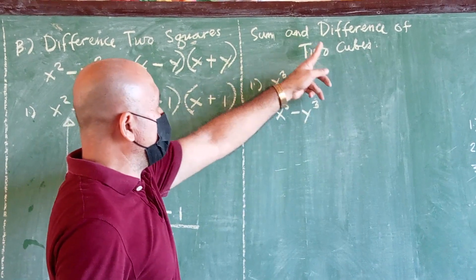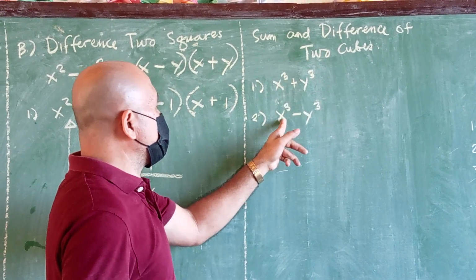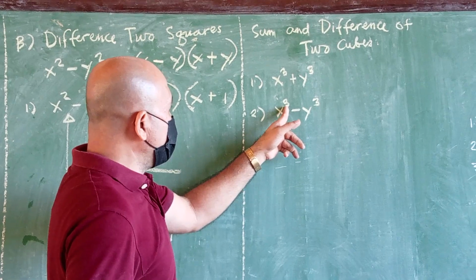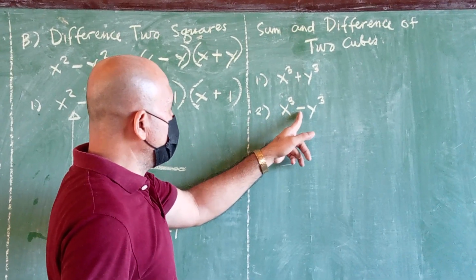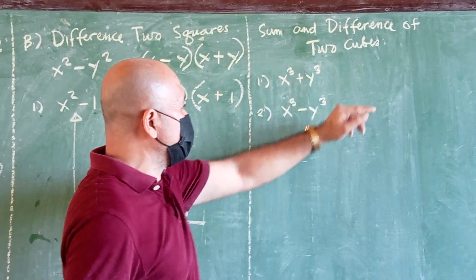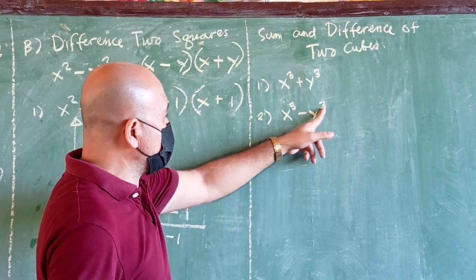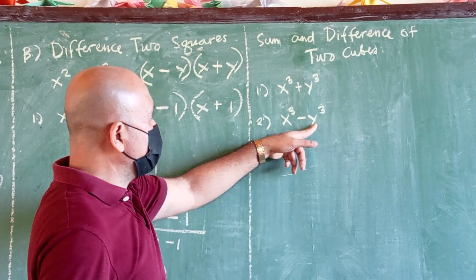For difference, x cubed is still a perfect cube for the first term, the operation is minus, and y cubed is the second term.